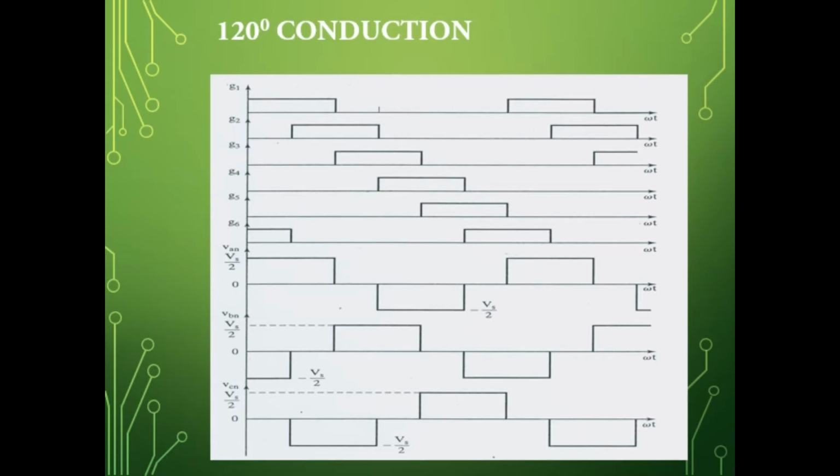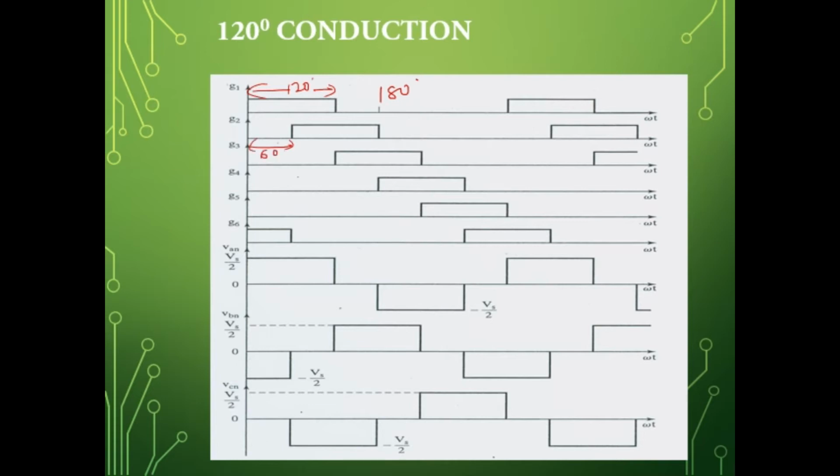So there are 3 modes of operation again. We need to consider 0 to 60, 60 to 120 and so on. You can observe here this point is 180 degree. Each transistor conducts for only 120 degrees, with a delay of 60 degrees between each gating signal.